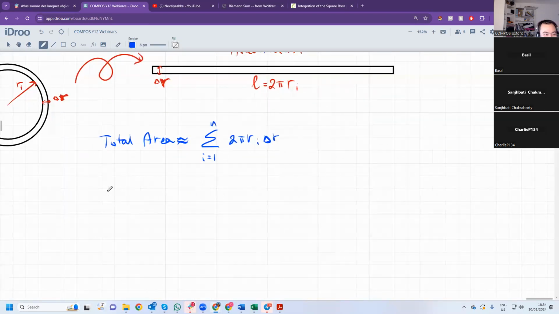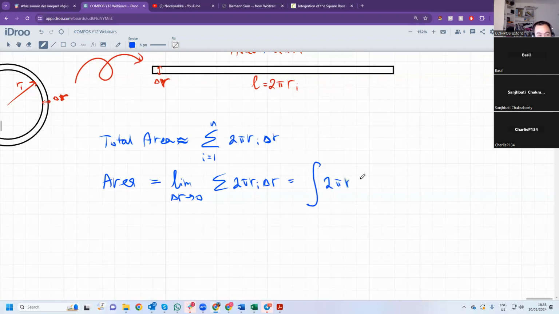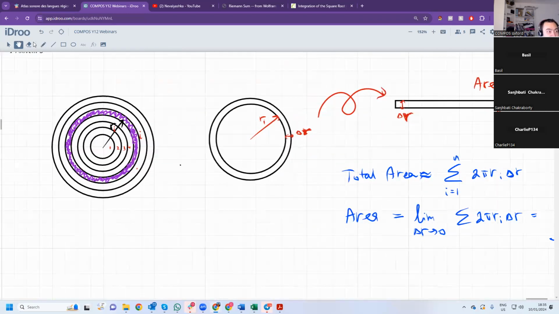Now we can say the area is equal to the limit as delta r tends to 0 of this sum of 2 pi r_i delta r, which is the integral of 2 pi r dr. The radius goes from 0, the smallest circle, to R, the radius of the big circle.